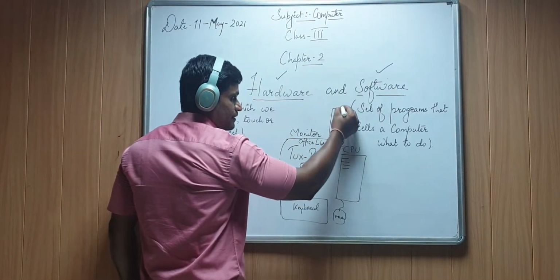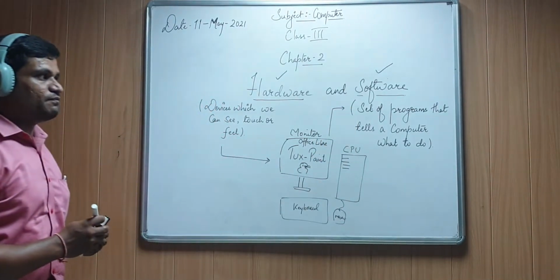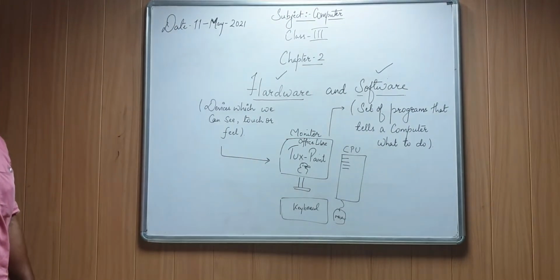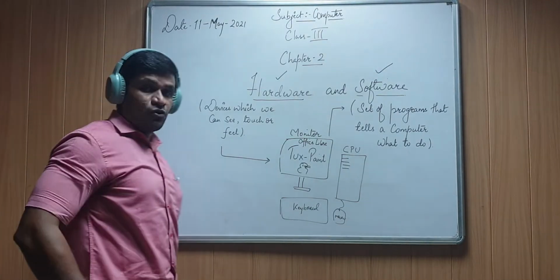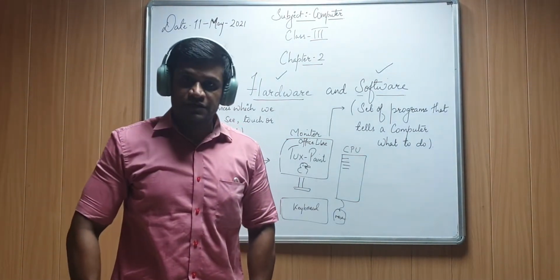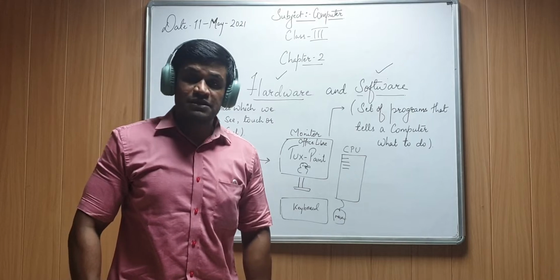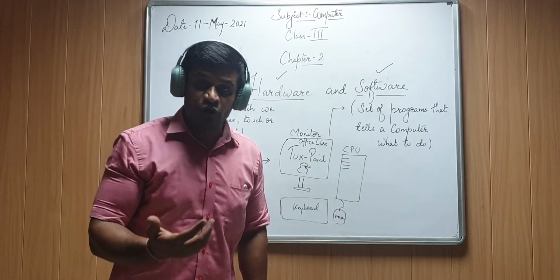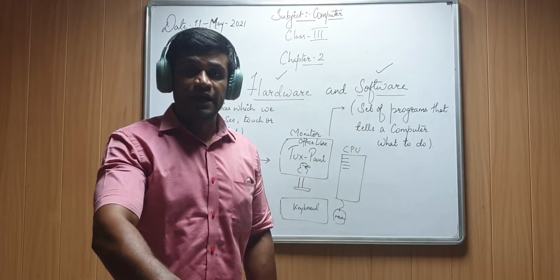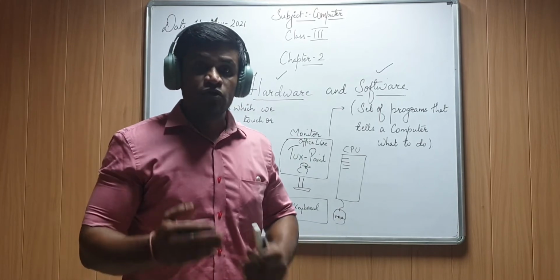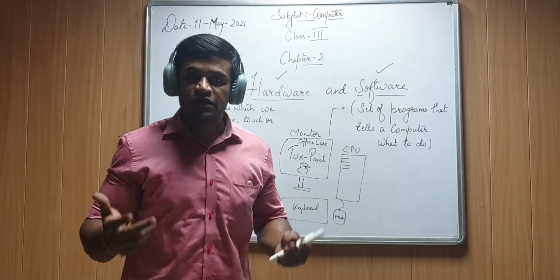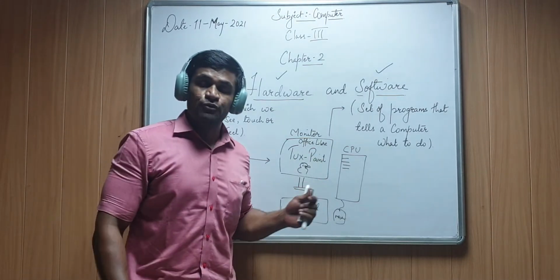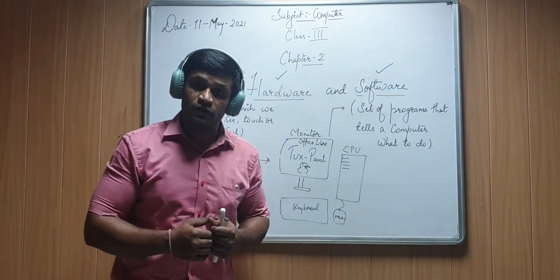A software is a set of programs that tells a computer what to do. Like if we go to school, our teacher teaches us how to come in or go out of the room. When we come to class, we say, ma'am, may I come in, or sir, may I come in. Who made you learn this? Your teacher. Similarly, software teaches the computer what to do and how to do the work.